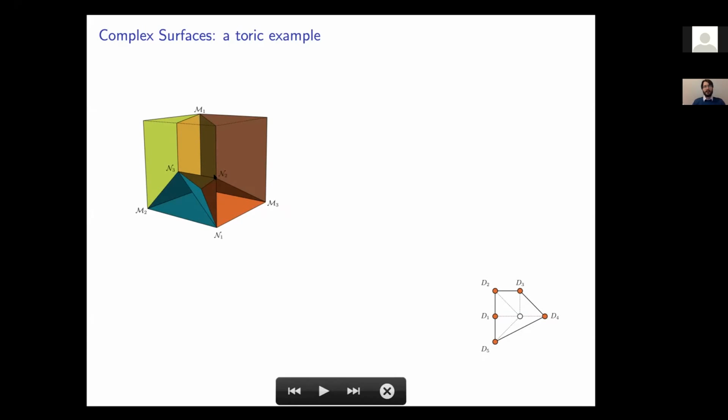If you take a face of codimension 2, which is, say, N2, so you have this edge, then you extend that in the directions which are perpendicular to N2, which are M1 and M3. And then you generate the brown region, and so on. So this is how the regions are obtained. And all that information is contained simply in the intersection form, or alternatively, if you know the Nef cone and the Mori cone. Okay. So what are these regions really?